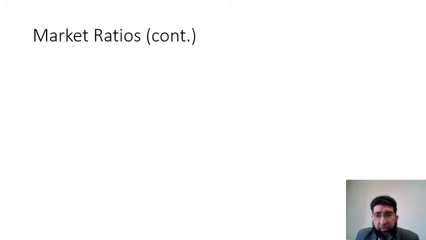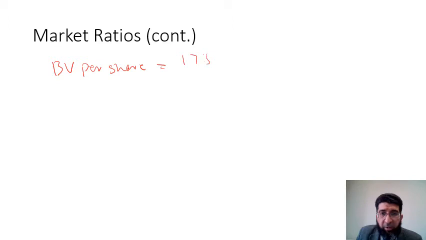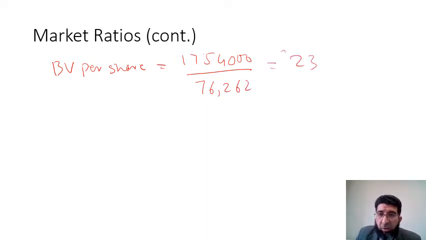For our XYZ company, we can calculate first the book value per share, and that comes out to be 1754 million divided by 76,262, that's total number of shares outstanding, and gives us $23.